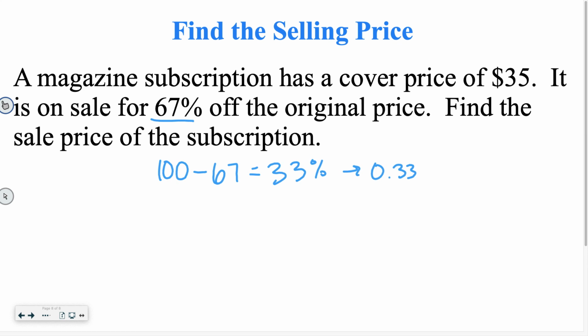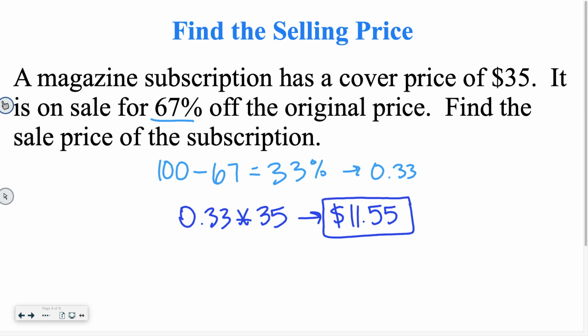So then I take that and I say 0.33 times the price they just told me, which was $35. So that means I'm going to be able to get this magazine subscription for $11.55. And that is my final answer.